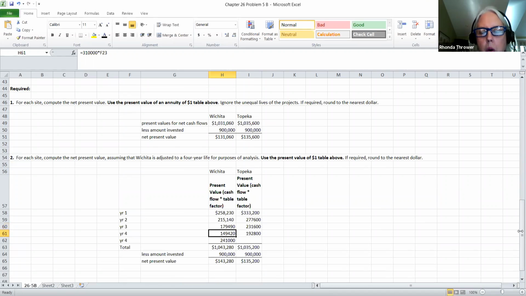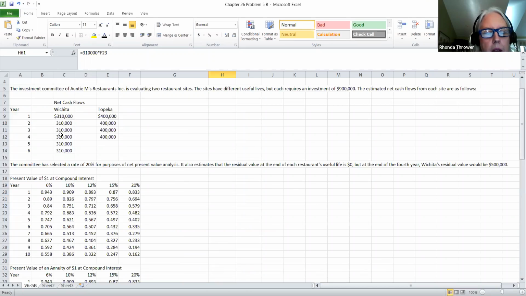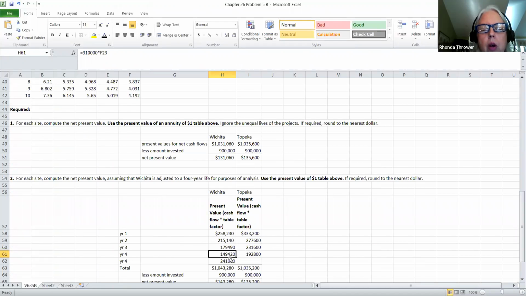And in year 4, we're going to take the cash flow, which is 310,000. We're going to multiply that by the table value amount for year 4, which is 0.482, and that will give you the present value for the cash flow in year 4.